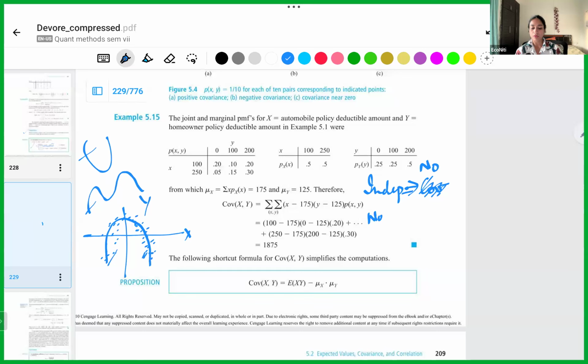But zero covariance does not imply that the variables are independent. Independence एक much stronger condition है. Covariance सिर्फ उस पॉसिबल रिलेशनशिप का एक पर्टिकुलर चीज चेक करता है कि लिनियर रिलेशनशिप है कि नहीं. Right.